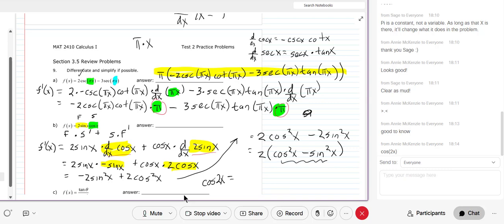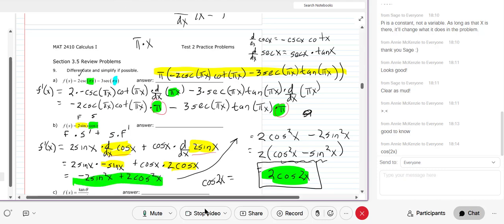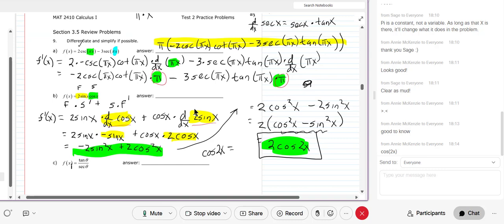So that part would become 2 times cosine of 2x, and that would be as simple as you're going to make that derivative. Now, on a test, I would take this answer or that answer. Both of them are the same. There's a variety of ways to simplify something.